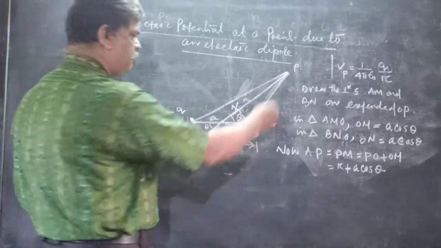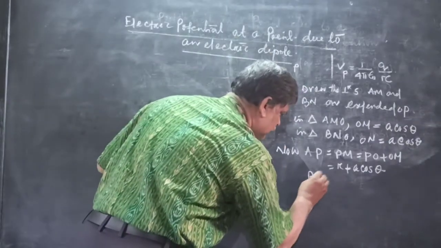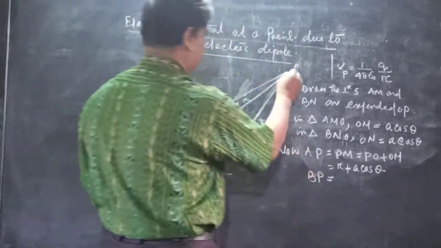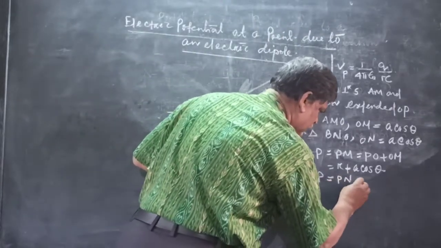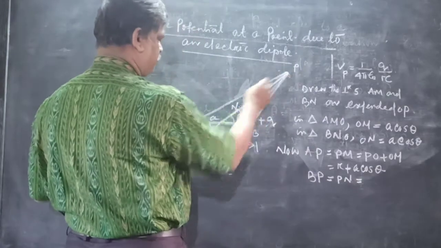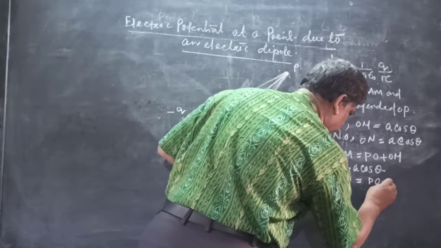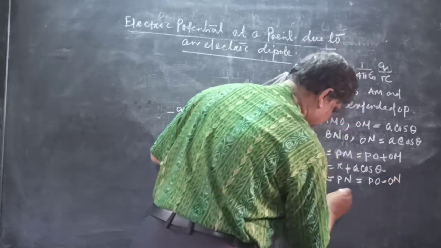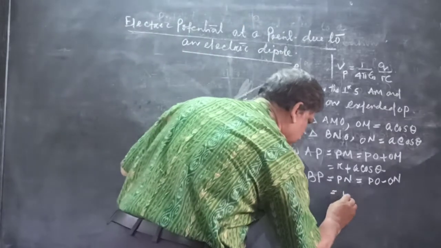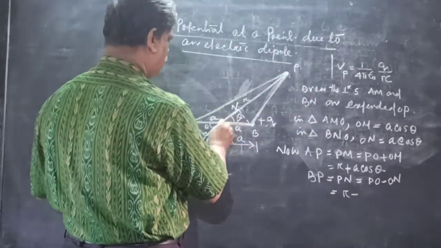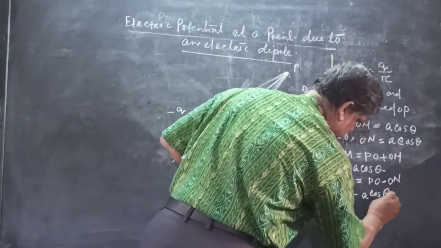Then for BP, BP is equal to PN, that is PO minus ON, that is R minus A cos theta.